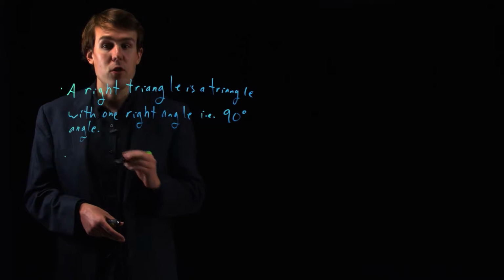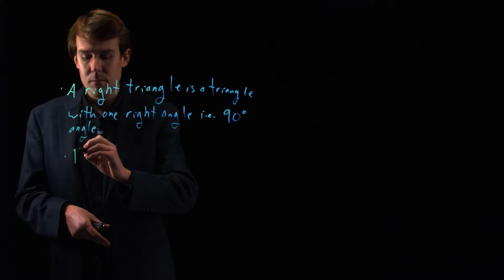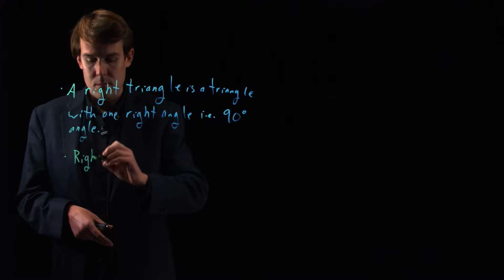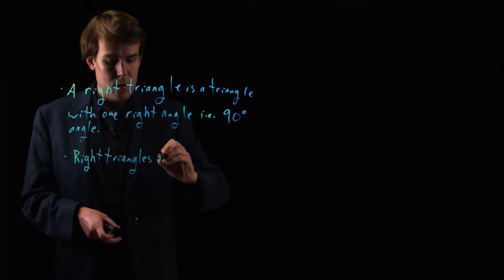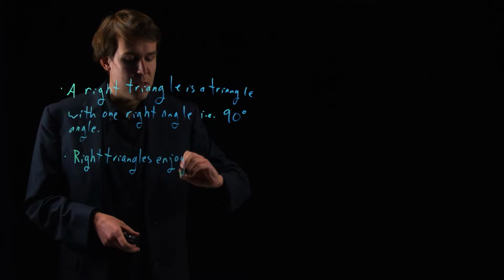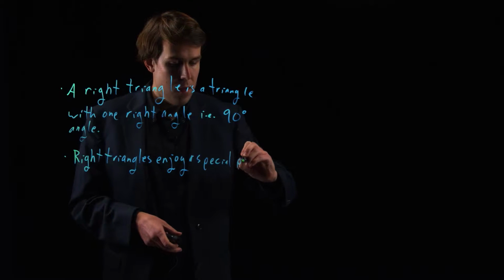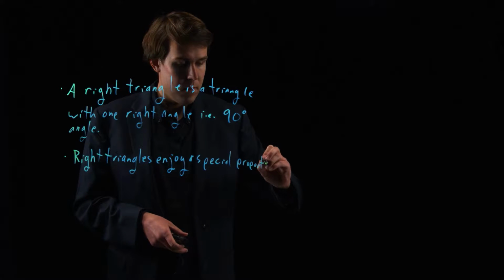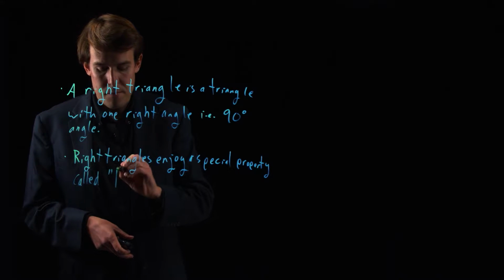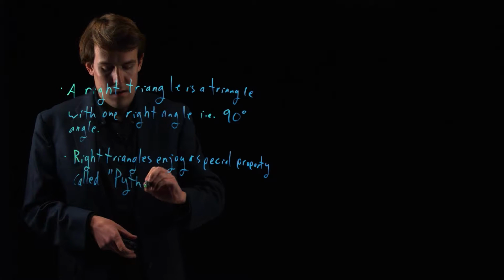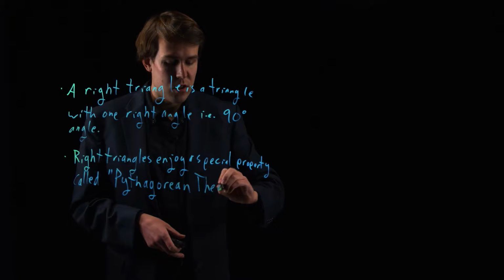So the key result you have to keep in mind for right triangles is what's called the Pythagorean theorem. So right triangles enjoy a special property called the Pythagorean theorem, which, as the name suggests, was known even to the ancient Greeks.